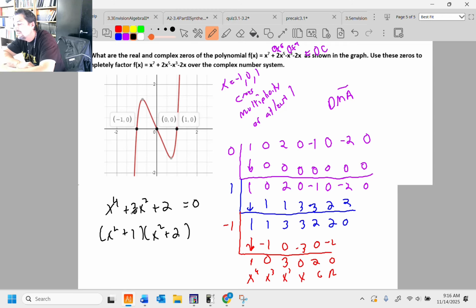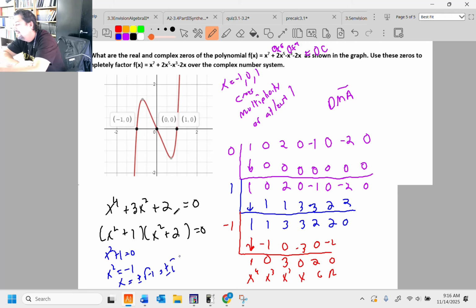And it works because the outside is going to make 2x squared, and the inside is going to make a singular x squared, and x squared plus 2x squared is 3x squared. X squared plus 1 is a 0, x squared is negative 1, x is the plus or minus the root of negative 1, which is plus or minus i.